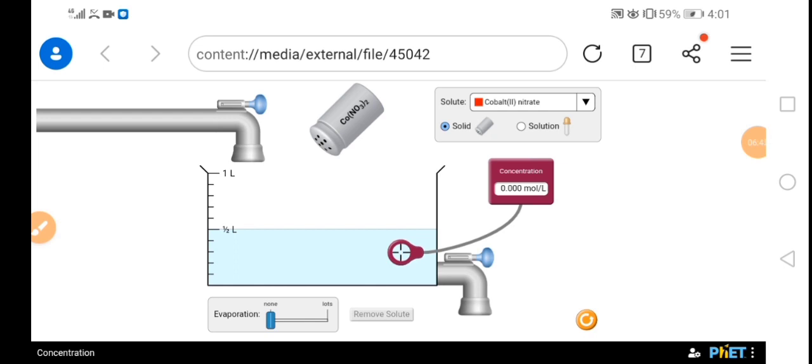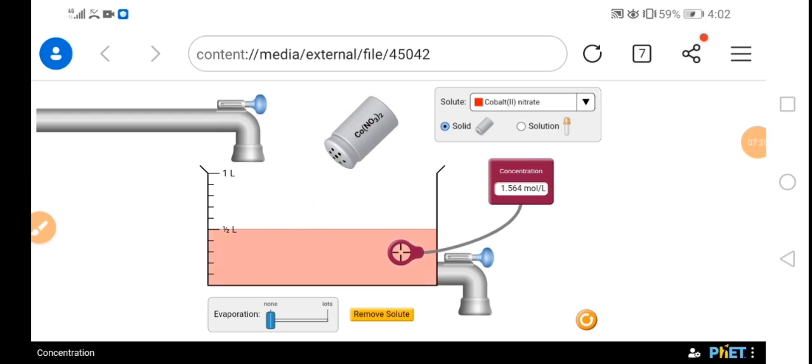Now, we are going to add copper 2 nitrate. I don't know the quantity I'm going to add because I have no way of measuring the mass. So, there we go. I am adding. As I'm adding, you can see that the concentration is changing.